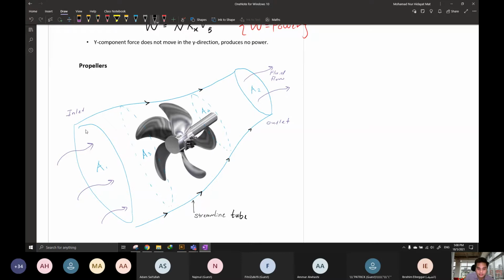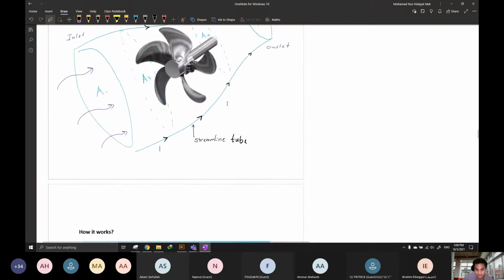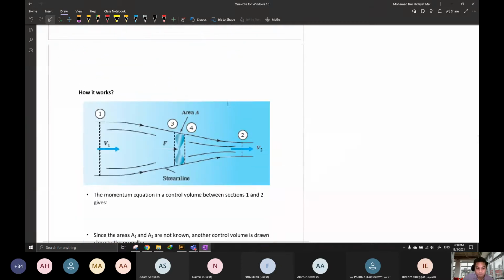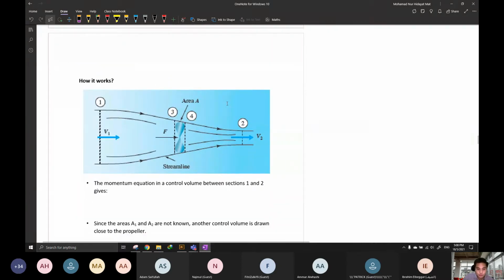The inlet area we name as area number 1, and the outlet area we name as area number 2. Of course, at the middle we say 3 and 4. This is a 3D view. To ease your understanding, let's take a look at the 2D view.